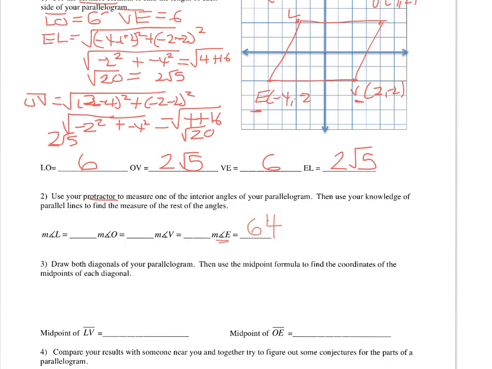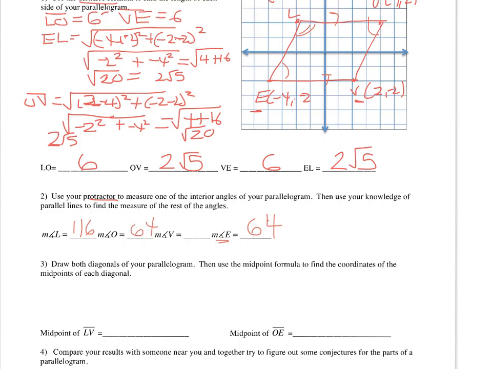And then knowing what we know about parallel lines, we know that these same side interior angles are going to add up to 180. So therefore angle L would be 116. And then we've got more same side interior, so angle O is going to be 64, and angle V is 116.